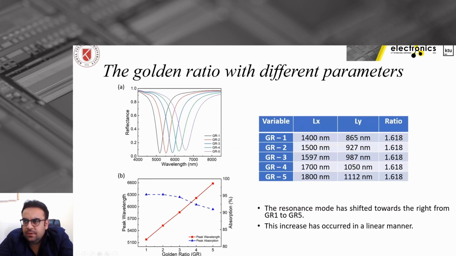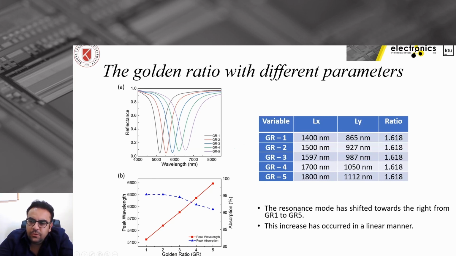By altering the parameters Lx and Ly, new values were obtained at various sizes using the golden ratio. These values have been categorized as GR, golden ratio, GR1, GR2, etc., and are presented in this table.